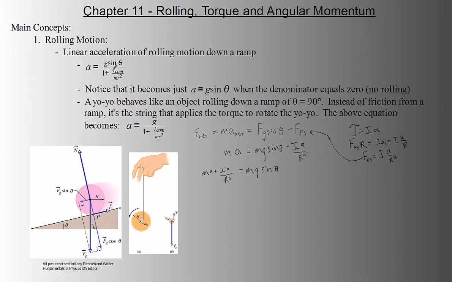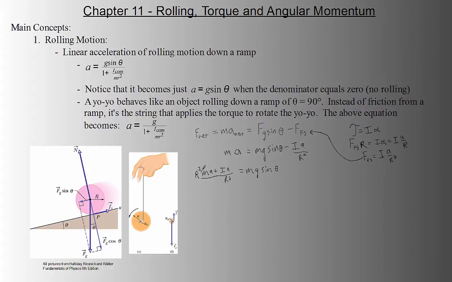You can already start to see that it's starting to turn into what we want. Well, let's make R squared a common denominator. So if we do this, then we also have to do this, right?